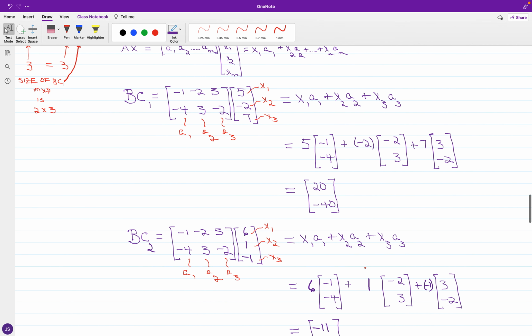And looking at what we have, taking the first, second, and last columns from C and having those sections to be multiplied by the product matrix BC.